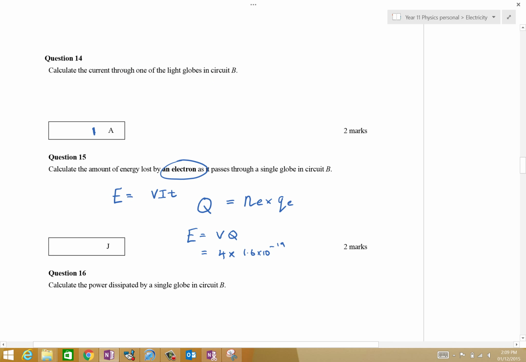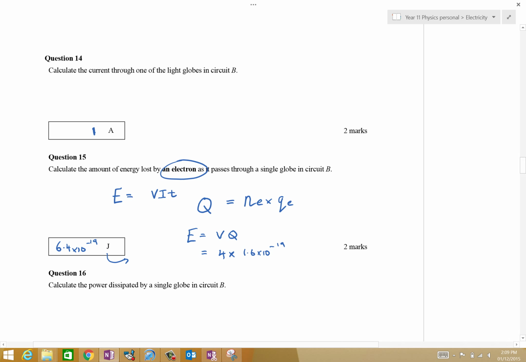So we should get that, which is what? That's 6.4 by 10 to the power of negative 19 joules per electron. And if I multiplied that by the number of electrons, we could revert and get back to there.